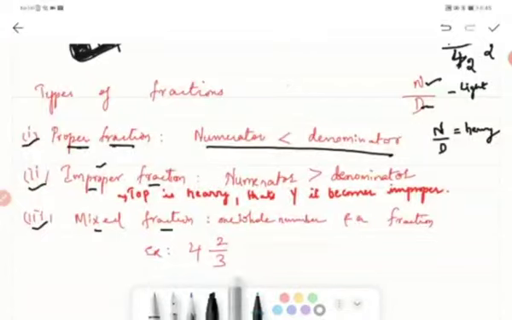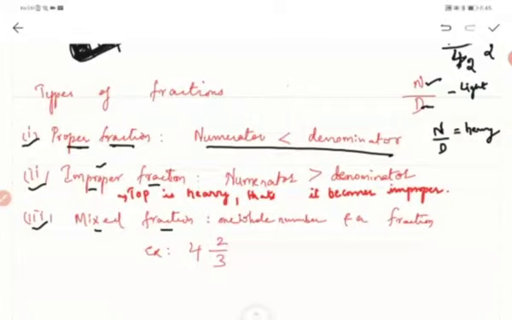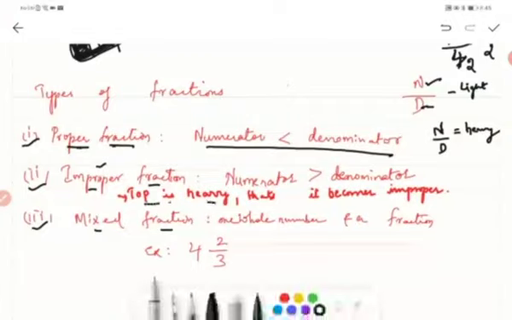Okay, so I hope you can easily remember: when the top is heavy, then it becomes an improper fraction. Since it is very heavy, the fraction is becoming improper. Alright, so you can remember through words.